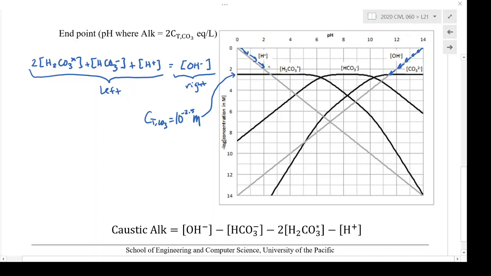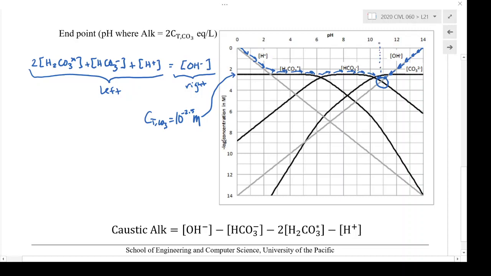So I've got the hydrogen ion being dominant, then it shifts over to the carbonic acid, and then it shifts over to the bicarbonate ion being the dominant species. And then these two things come together, and I can see my crossing point is right here.